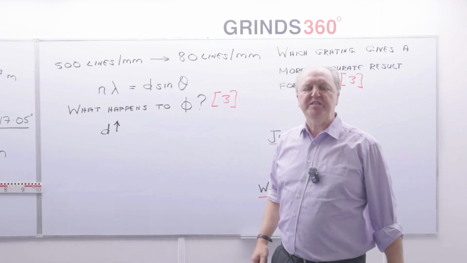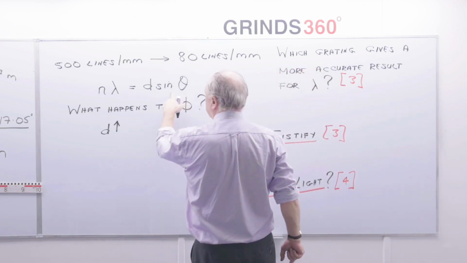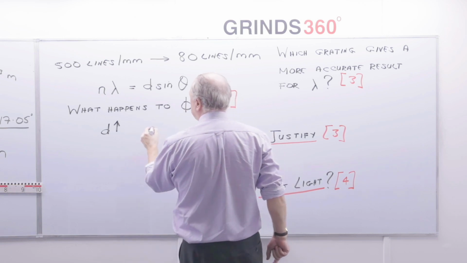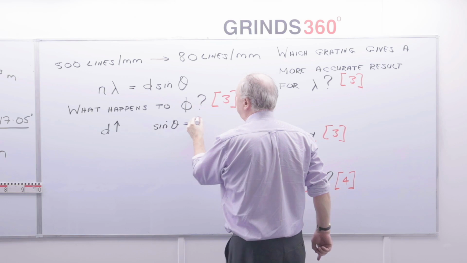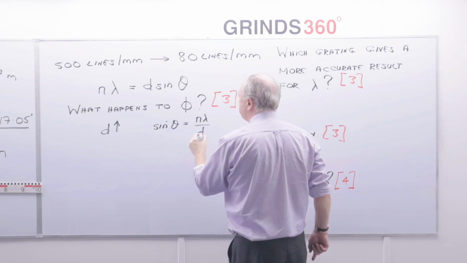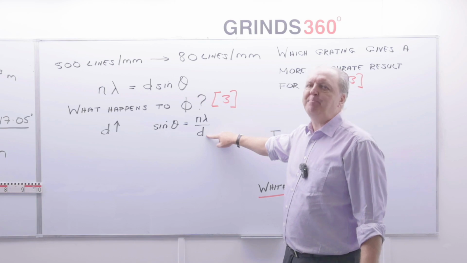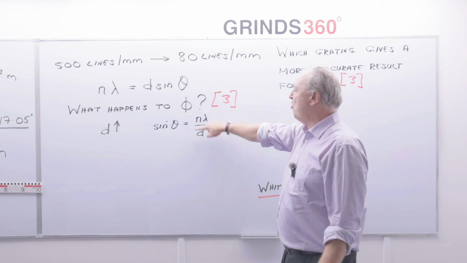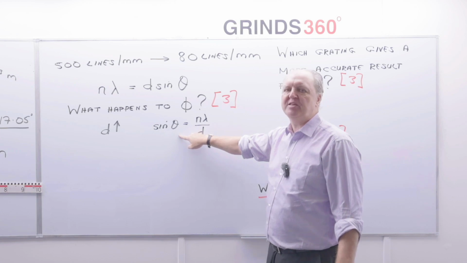What happens to theta? Well, let me write that formula down in terms of sine theta. So sine theta is equal to n lambda divided by d. What happens if d goes up? You divide by a bigger number. Well, the overall number will therefore get smaller, and that means sine theta gets smaller.